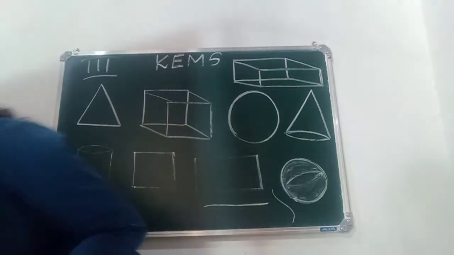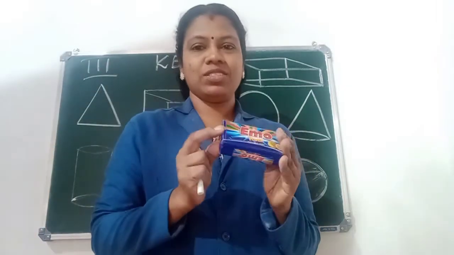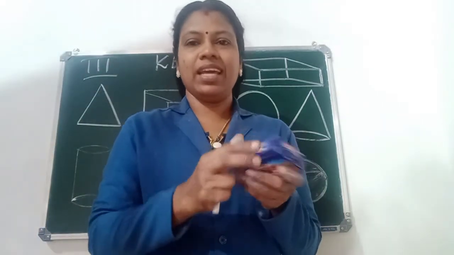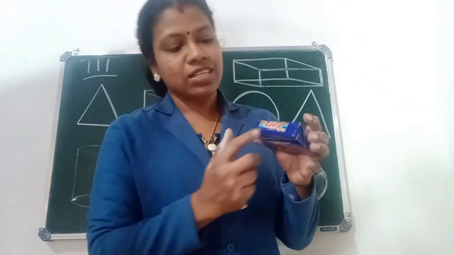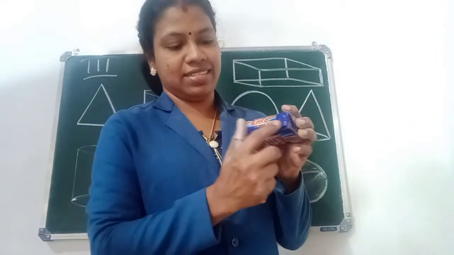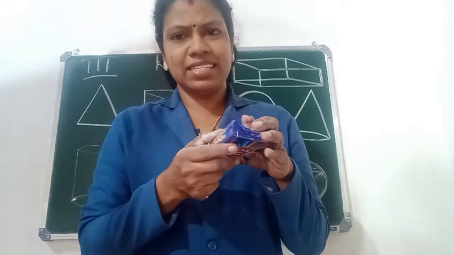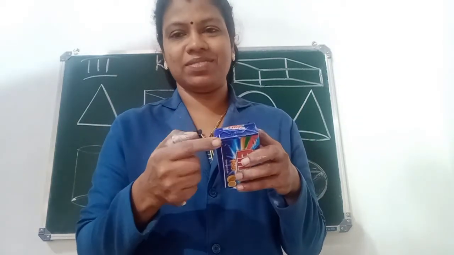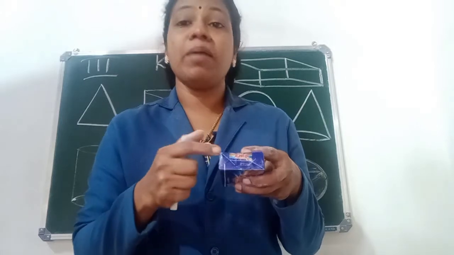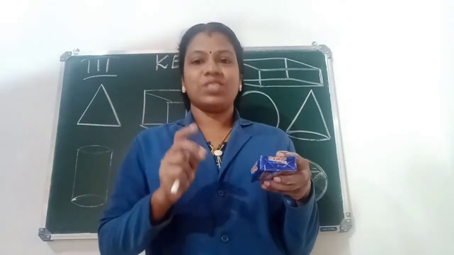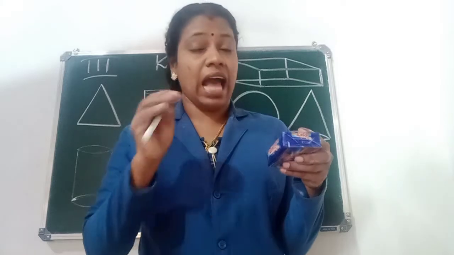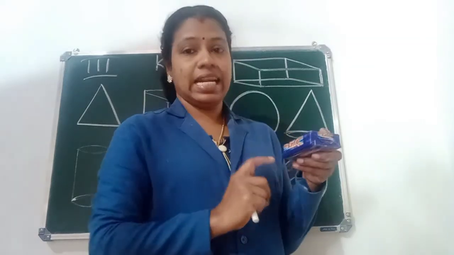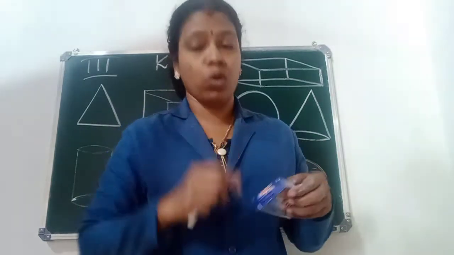This is a straight edge object. Does it have any corner? Yes, here is the corner. So this object has many corners. So listen to this: the things which have straight edges have corners also.